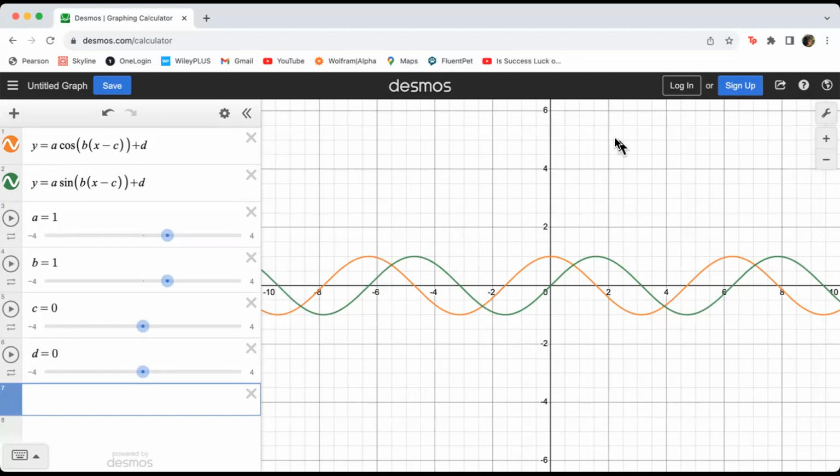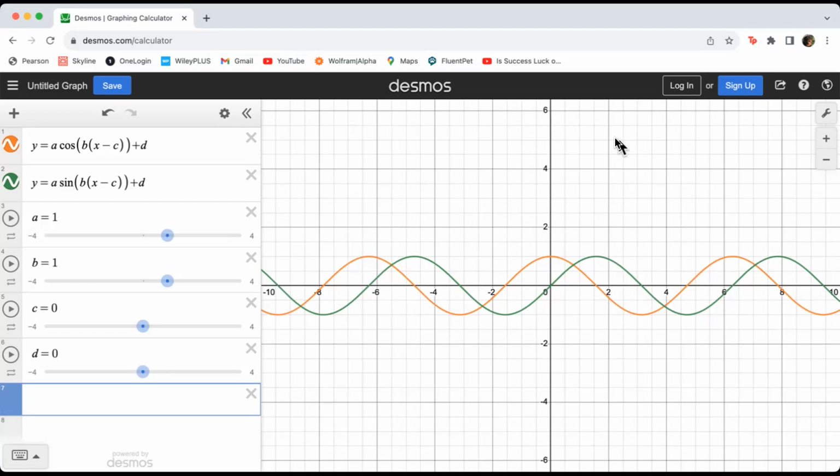I've got A, B, C, and D in my cosine and sine corresponding to the same A, B, C, D that I had in the setup. Also, I have set A, B, C, and D to their default values. And we're just going to start changing these values and describe what happens to the graph of the function.